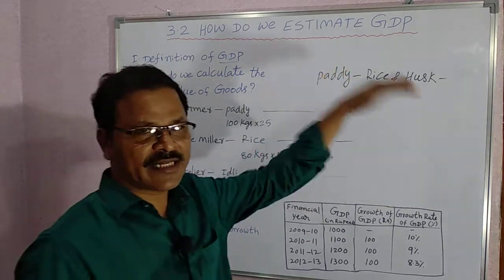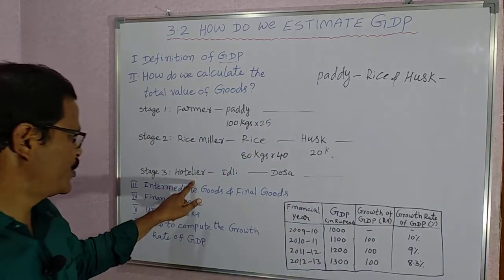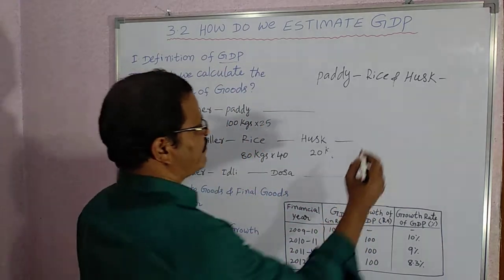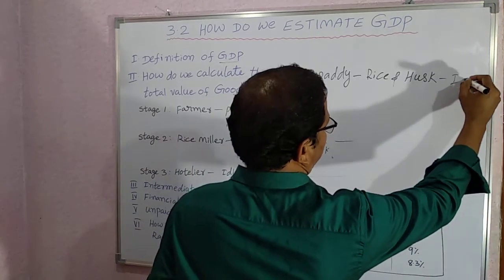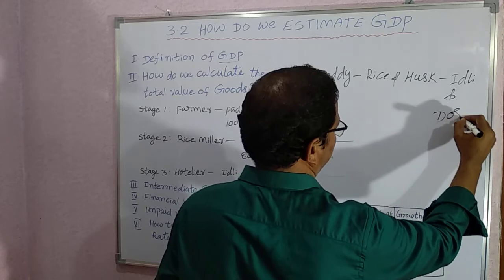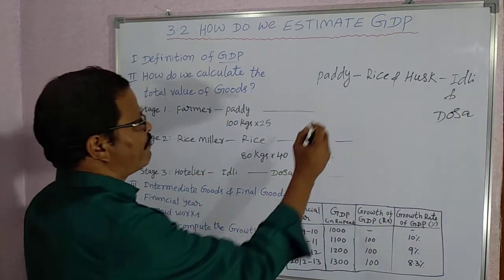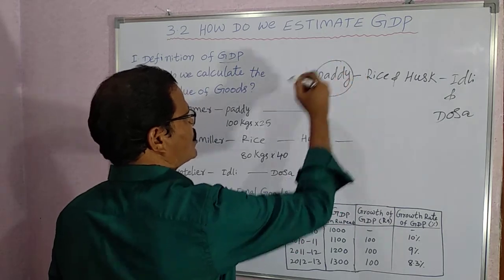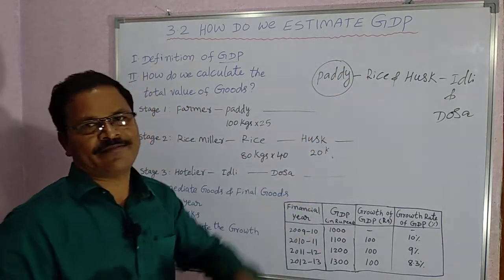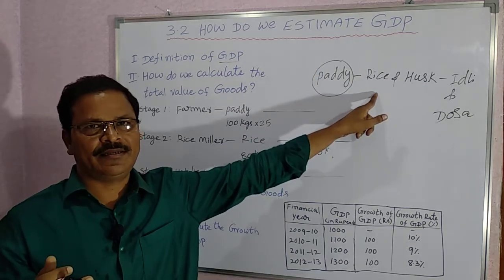By using rice and husk, the hotelier produced idli and dosa. In this example, paddy is used to produce rice.